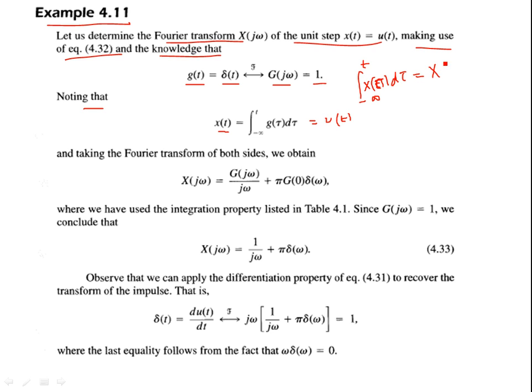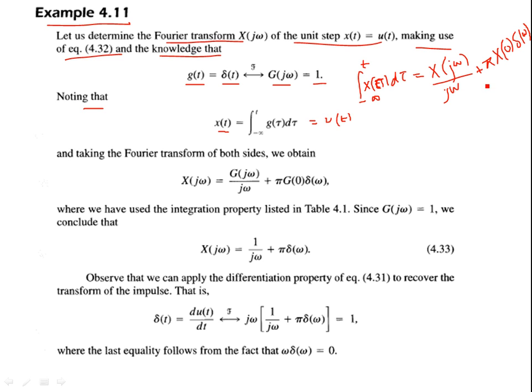If we know the Fourier transform of x(t), then we can use this for the integration. If the signal is integrated, then this is X(j omega) divided by j omega plus pi X(0) multiplied by a delta function, delta of omega.